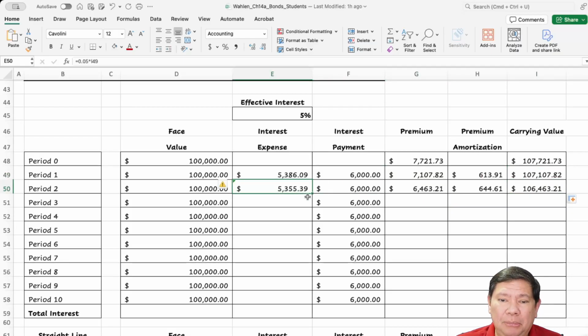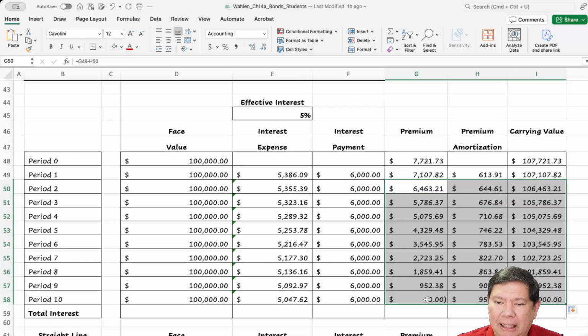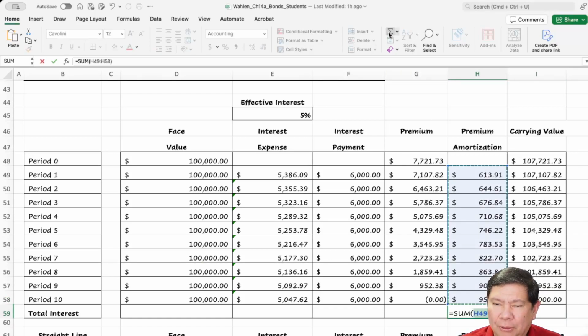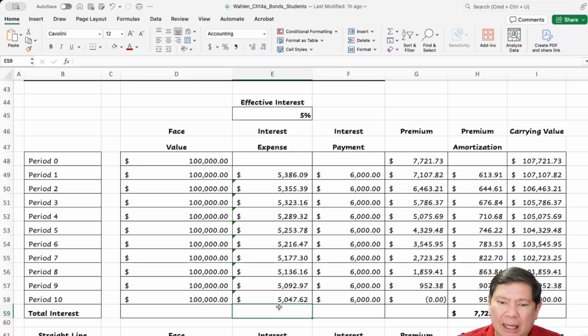If we keep doing that until maturity, you see that the premium will go down to 0 and the carrying value will go down to 100,000. We can calculate the total premium amortized. These two should be the same, and we can calculate the total interest expense.